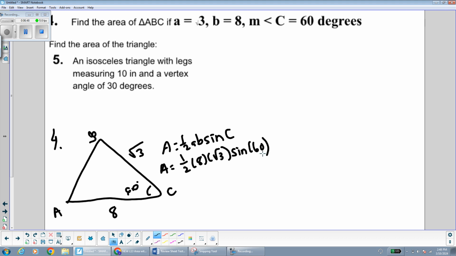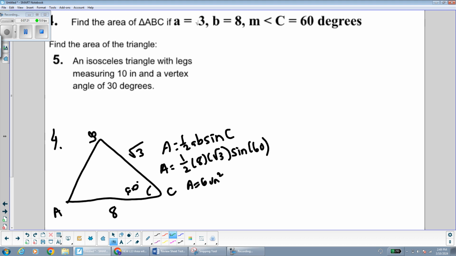Plugging into the calculator, that's 1/2 times 8 times radical 3, and I got that the area is equal to 6 units squared.